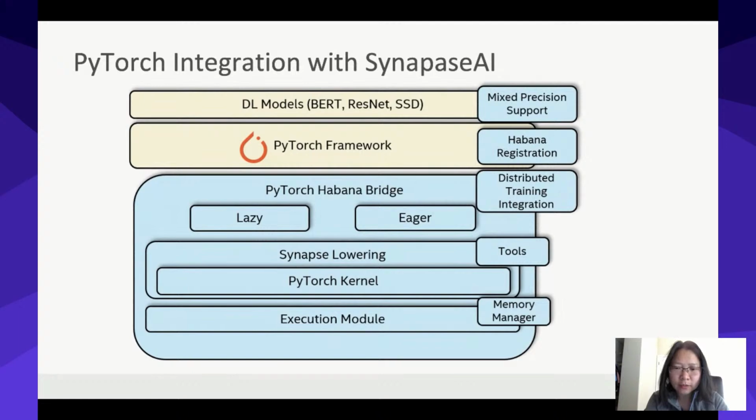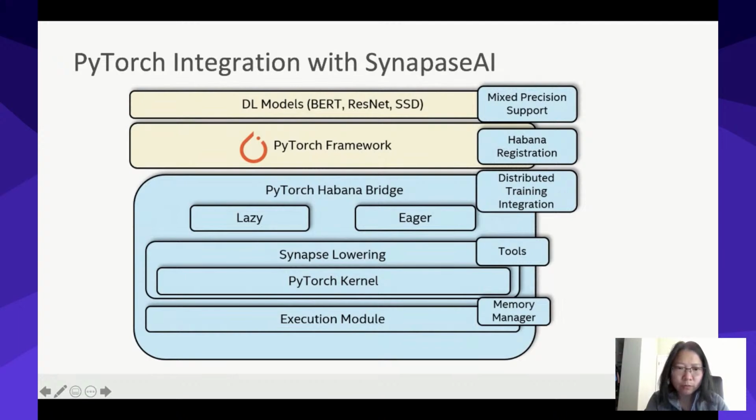That is an optimization over the current default eager mode. And also we provide the PyTorch Habana kernels that provide some fusion, so that can make your performance better for many kernels. That is embedded in the bridge.